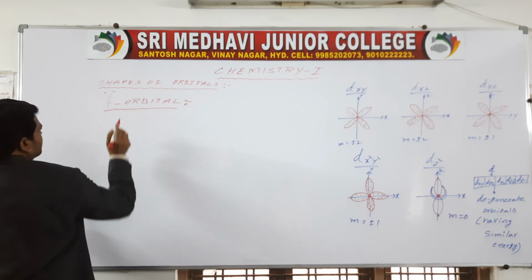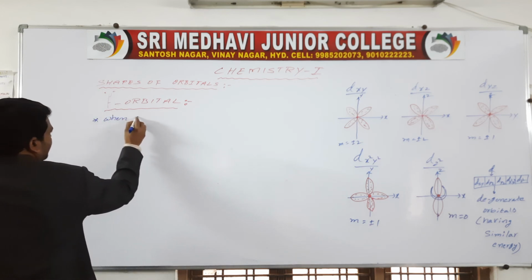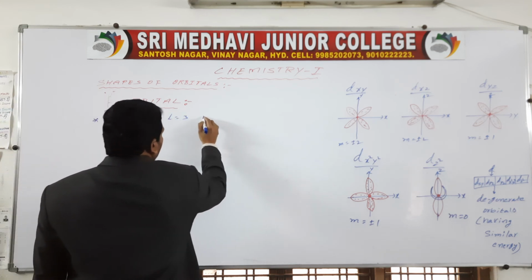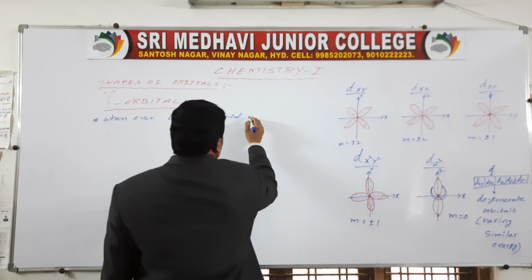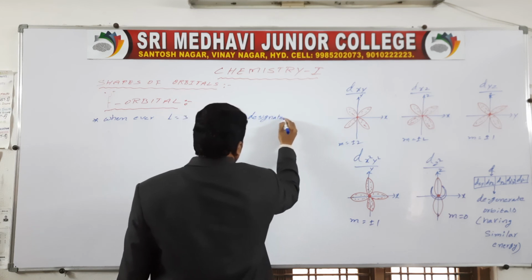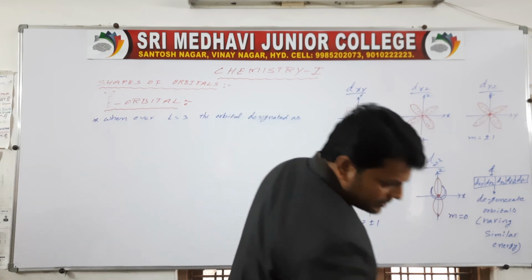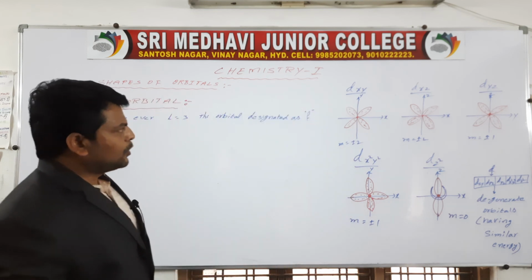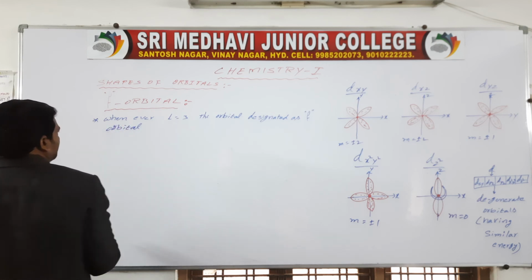Whenever l is equal to 3, the orbital is designated as an f orbital.